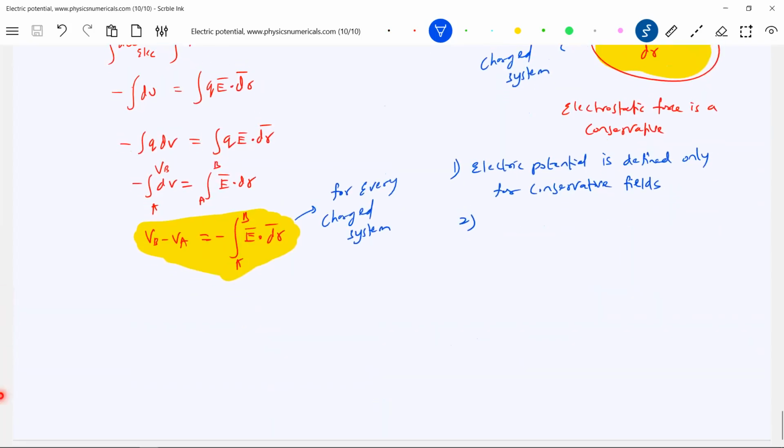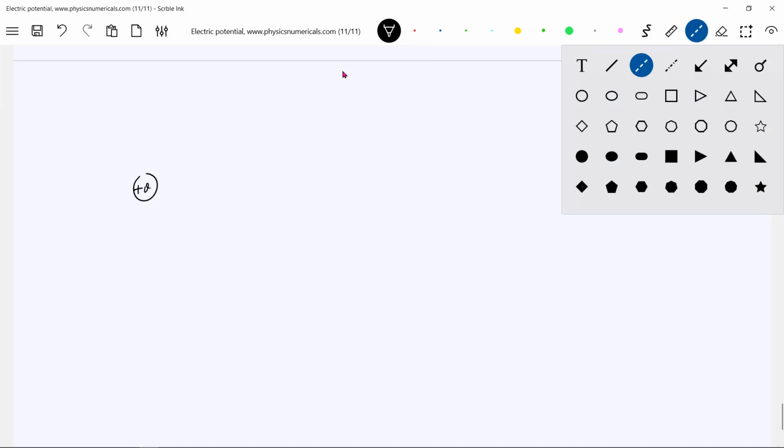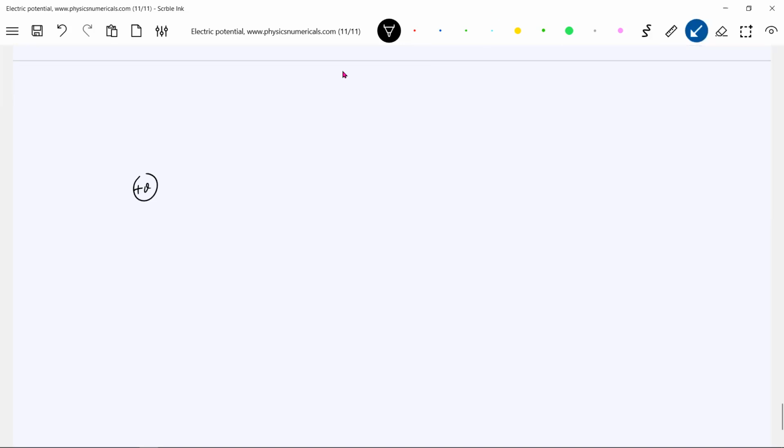Next, one more thing. Suppose you have a point charge. There are several things I think before going to some application, let me introduce all this. So if you have a point charge, so we know these are the field strength lines of force.